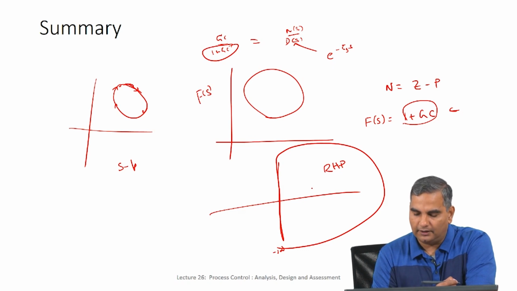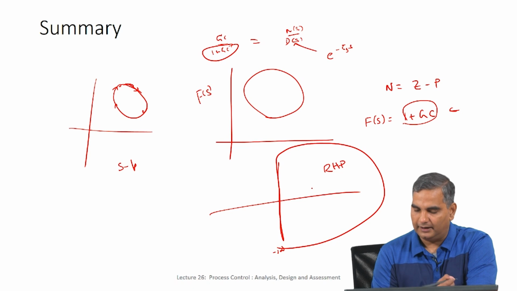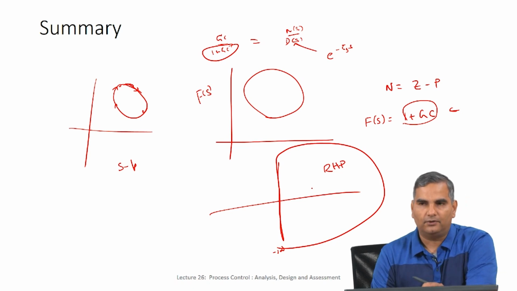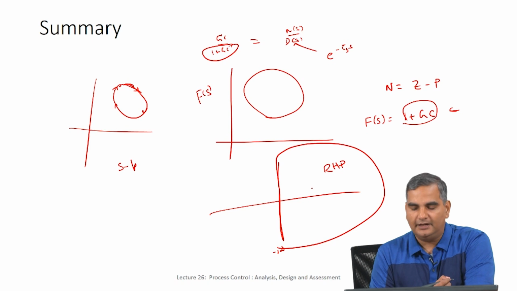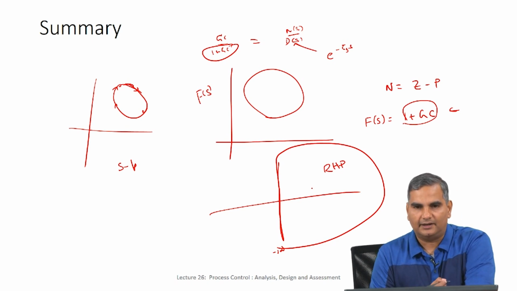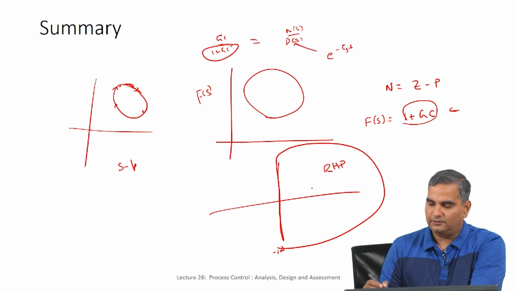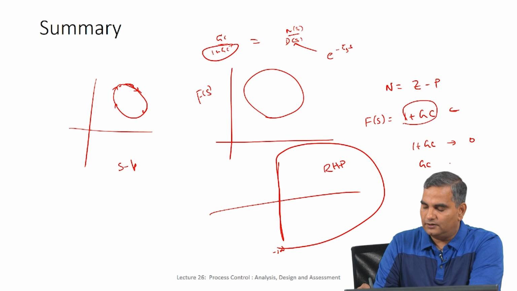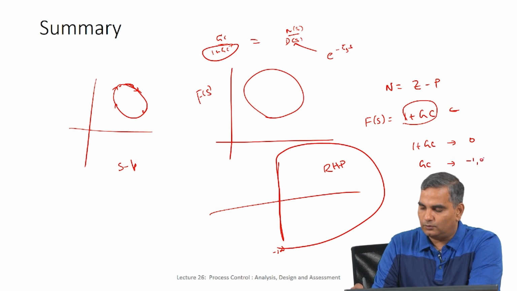So, that is the idea that we used, and basically I said you do not have to worry about doing these computations because these computations are done using a software. You need to only learn to interpret these computations and look at pictures and be able to understand it. The last idea we said was whenever we are looking at encirclements for f of S, if it is 1 plus GC we look for encirclements around 0, if it is GC we look for encirclements around minus 1, 0.